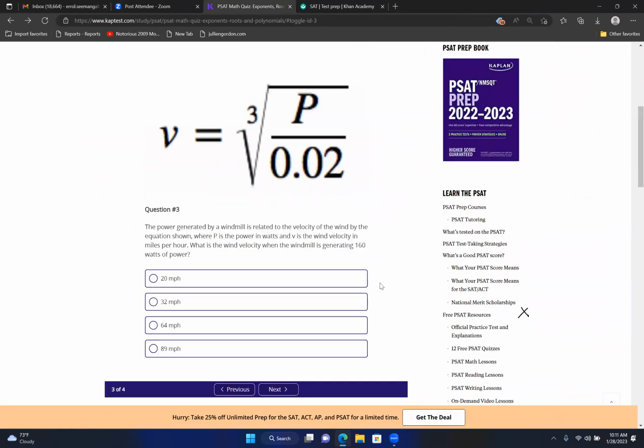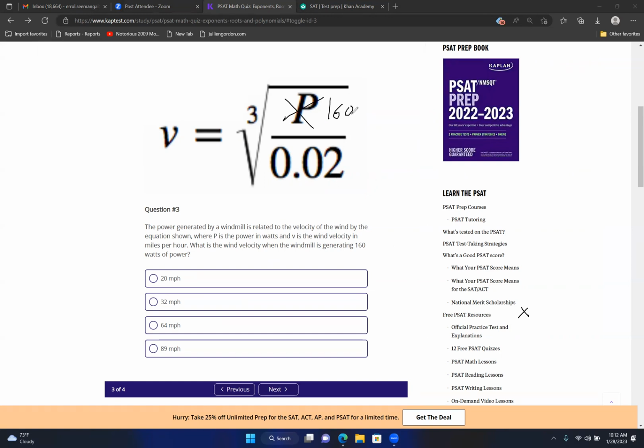The power generated by a windmill is related to the velocity of the wind by the equation shown, where P is the power in watts and V is the wind velocity in miles per hour. What is the wind velocity when the windmill is generating 160 watts of power? So where do we plug in the 160? P. Yep, so just erase that and plug in 160 right there.